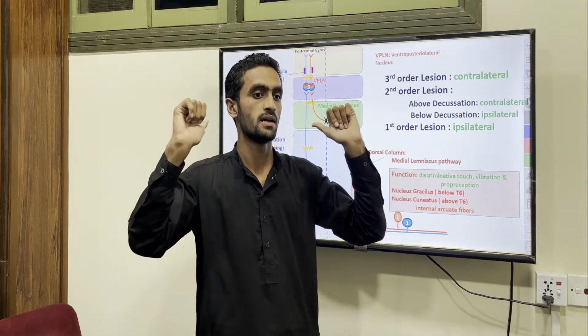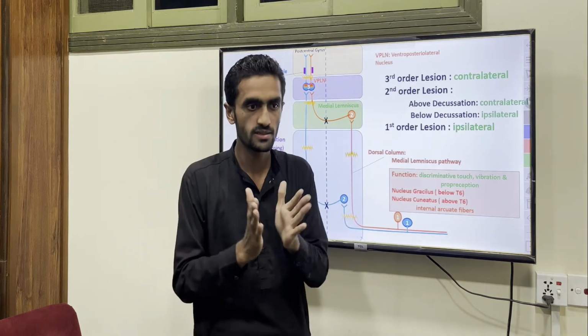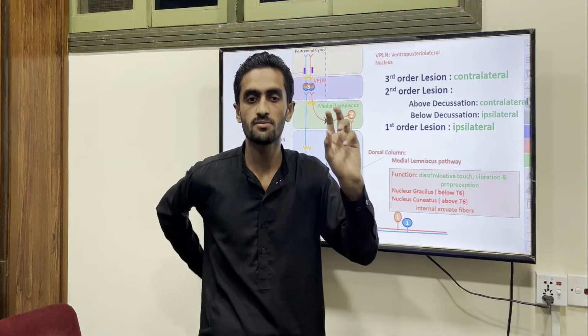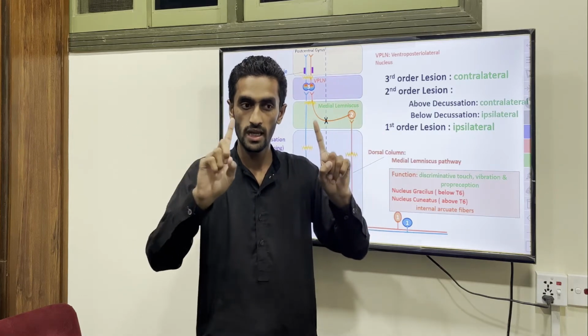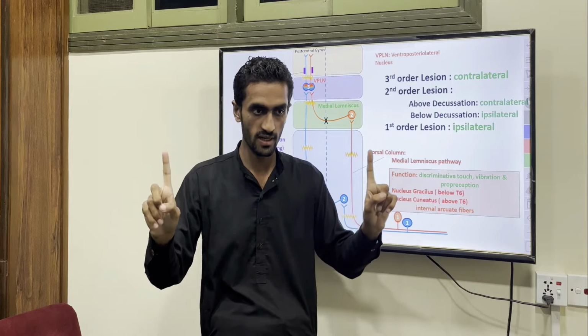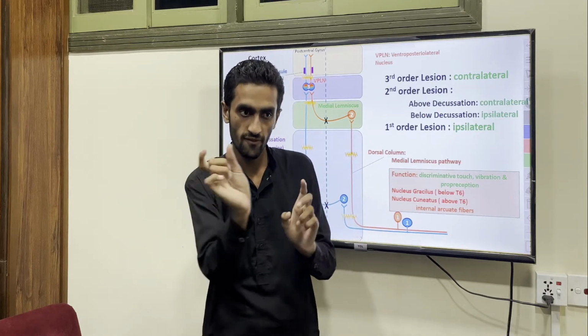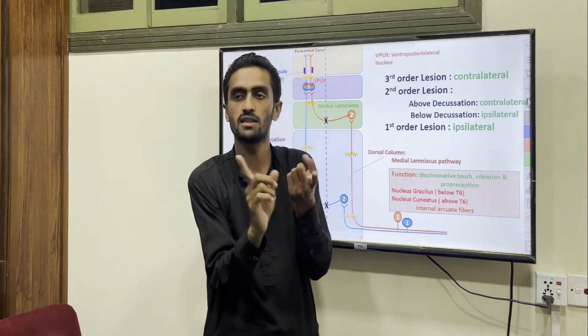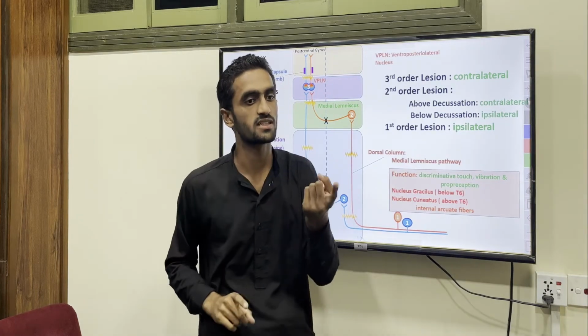On the back, which is less sensitive, the difference becomes 20 millimeters. If the points are within that range, I cannot tell they are two, and I say the person is touching me at only one point.